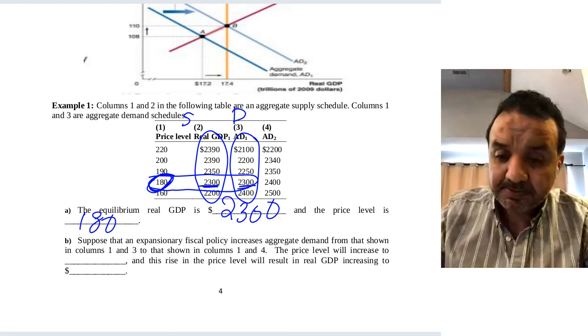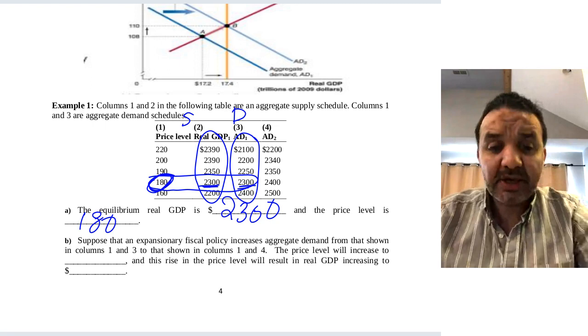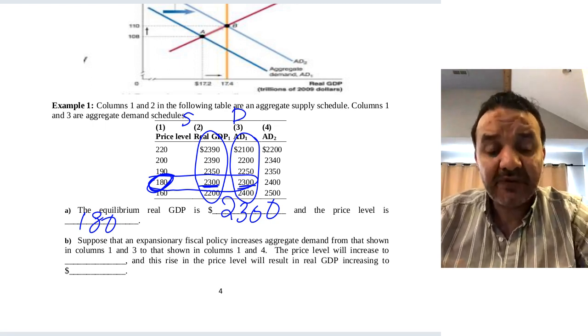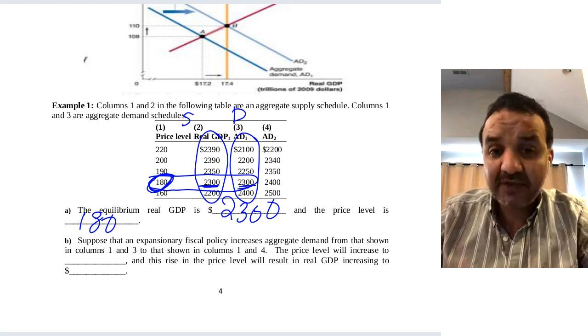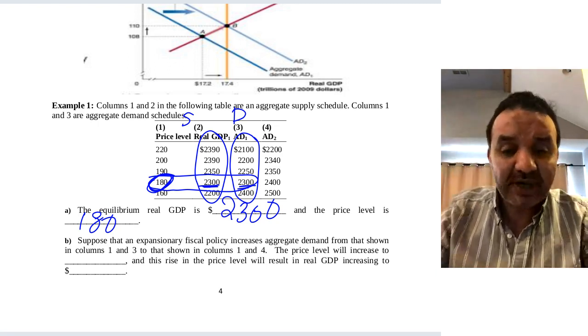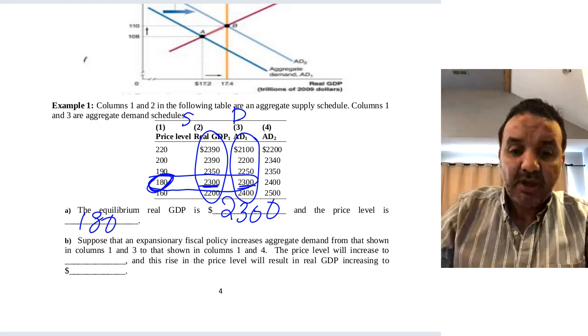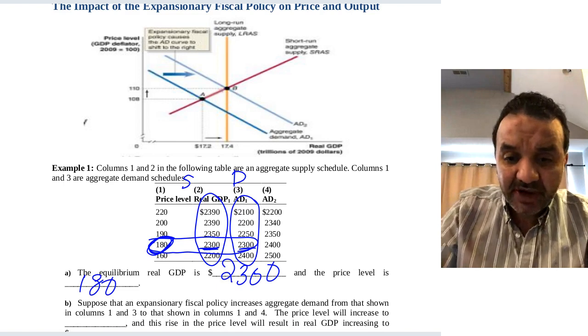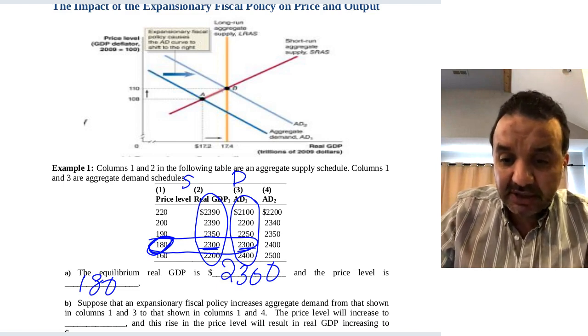Now, let's see the impact of the fiscal policy. The impact of the expansion of fiscal policy, if it's effective, will increase the GDP, which is the same as the aggregate demand. Let me explain this on the graph.